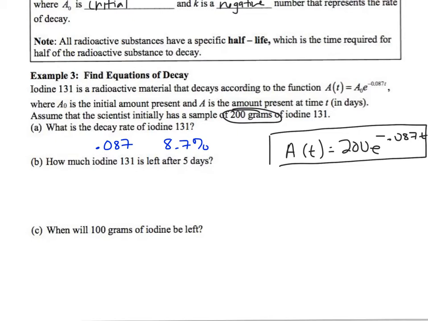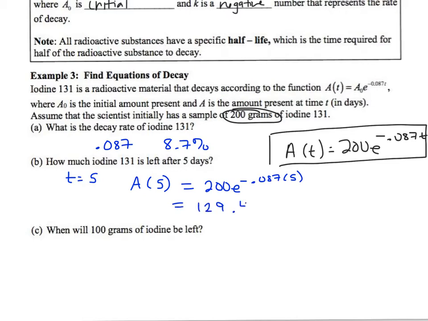So part B says, how much iodine 131 is left after 5 days? So that would be a t of 5. So really we're trying to find what is A of 5. So A of 5 is going to be 200 e to the negative 0.087 times 5. And the good news is that's all stuff I can just plug in my calculator. So make sure you get the same thing I get.